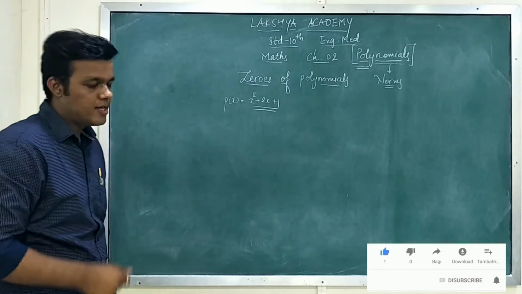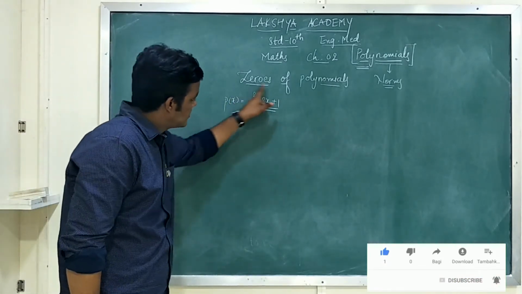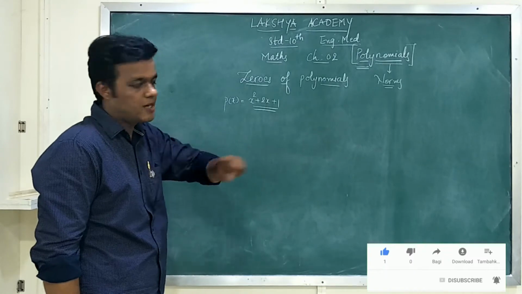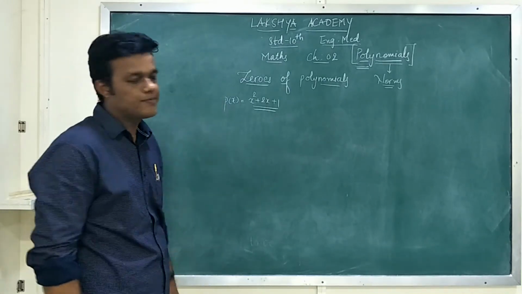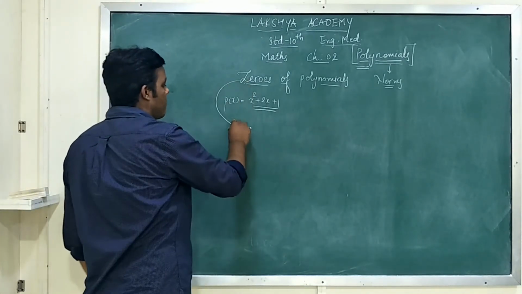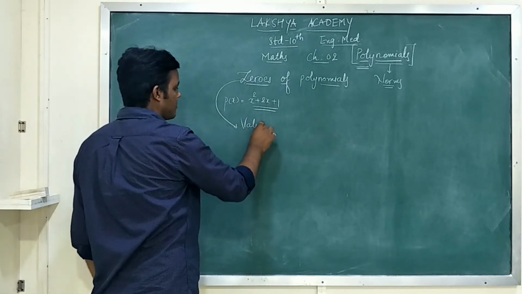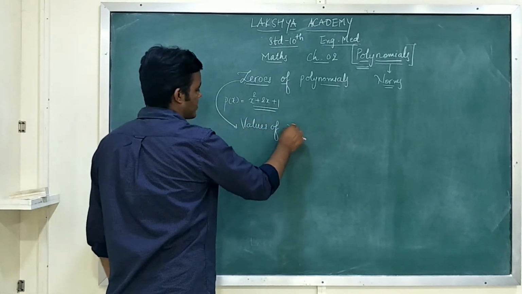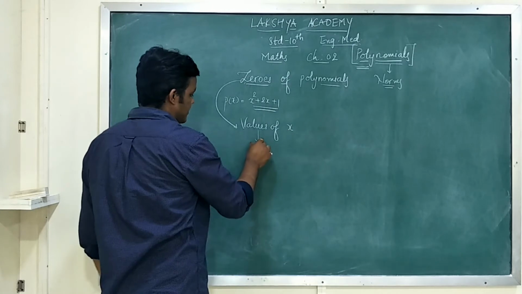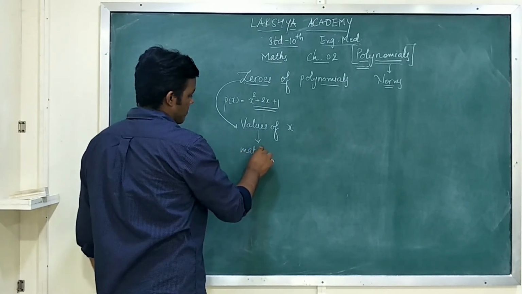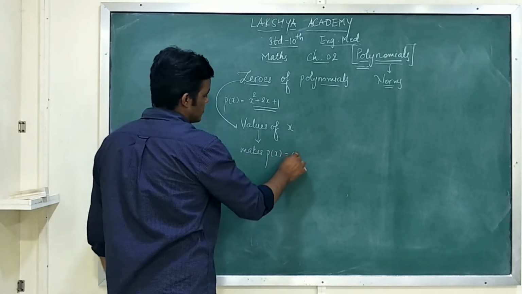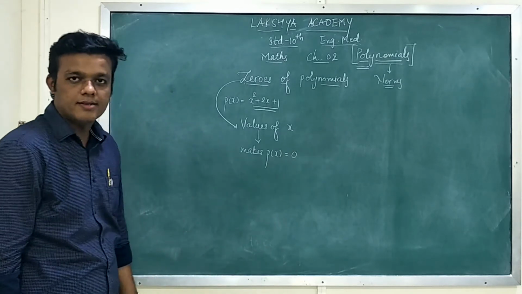So if I tell you to find the zeros of the polynomial, then what is the meaning of zeros? Zeros are the values of x which make p of x 0. Right?